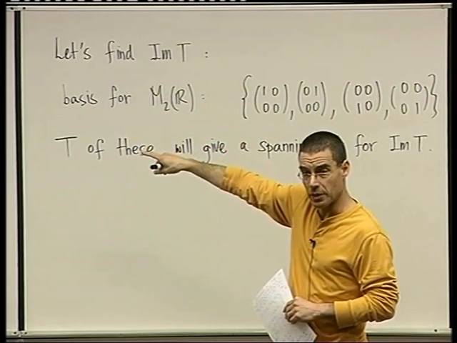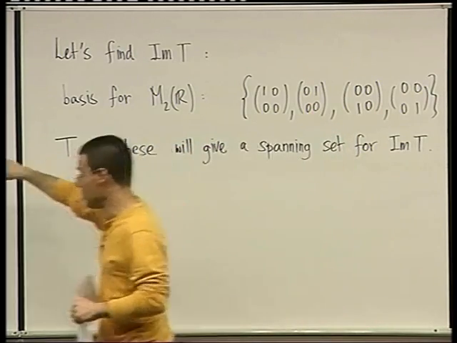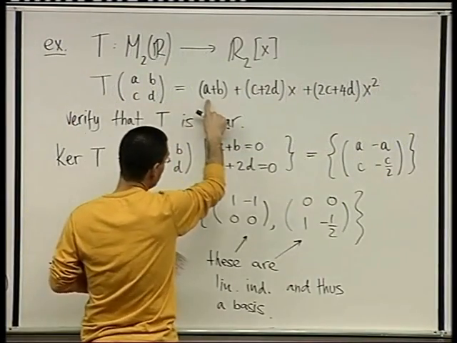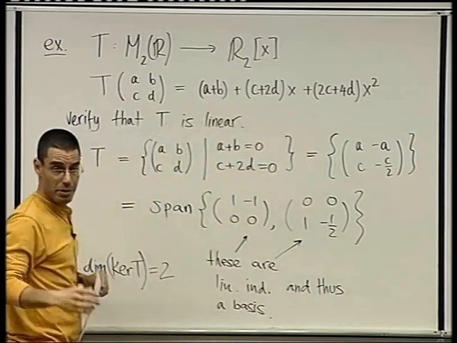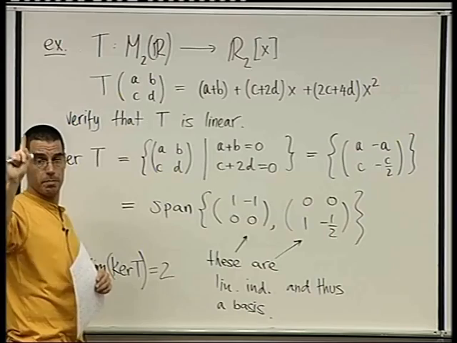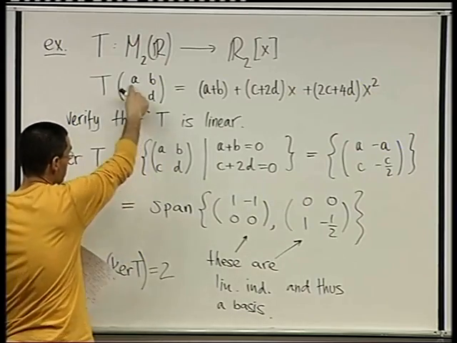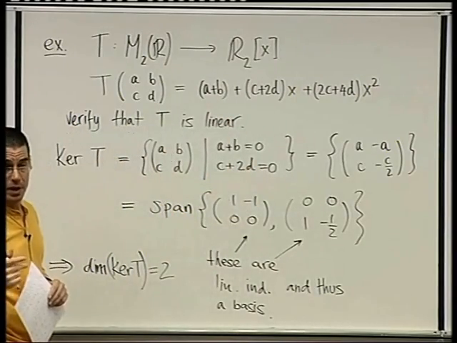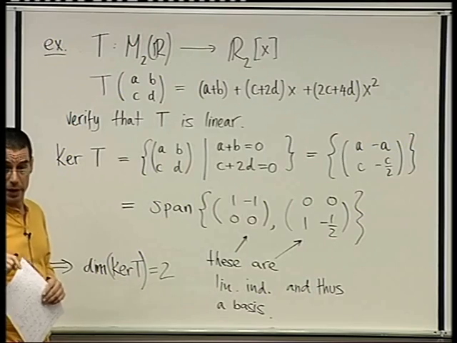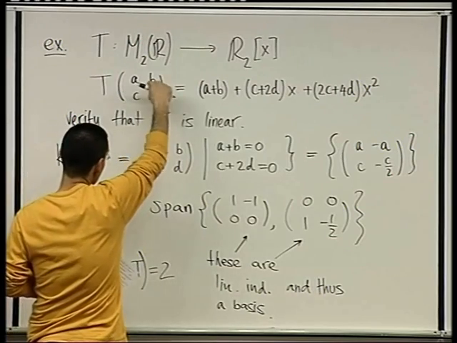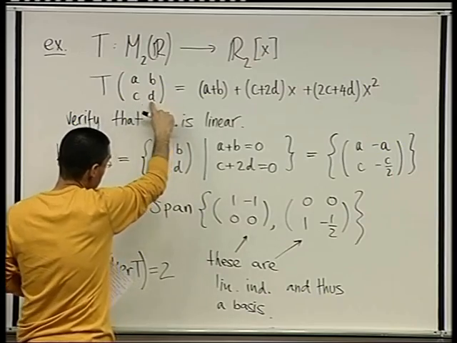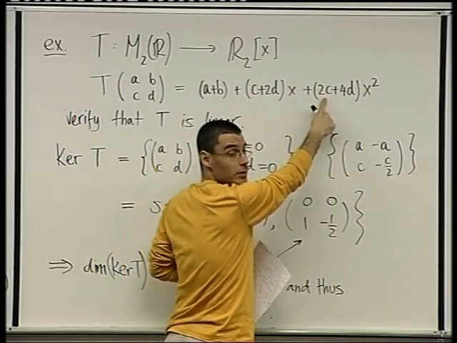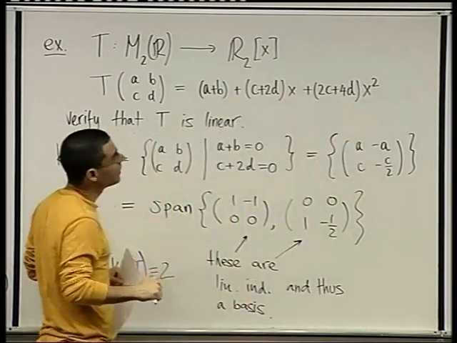So let's find what T of these are. The formula is on the previous board. I want to do T of 1, 0, 0, 0. So I get a 1 here and zeros everywhere else. So T of the first element is just the polynomial 1. T of 0, 1, 0, 0, I get a 1 here and 0 everywhere else. So again, I get just the polynomial 1. T of 0, 0, 1, 2 is going to be x plus 2x squared.